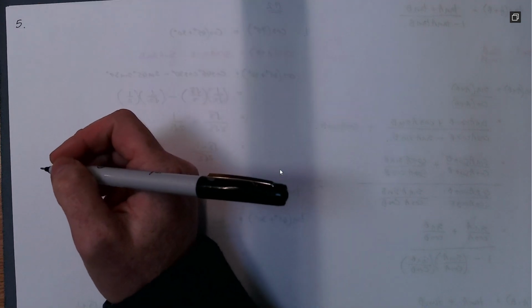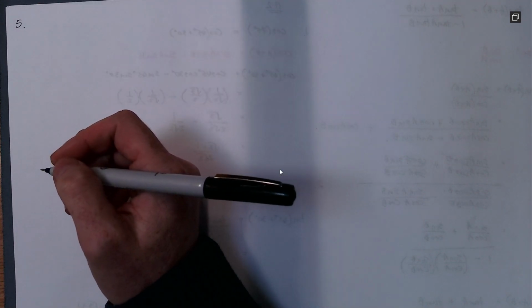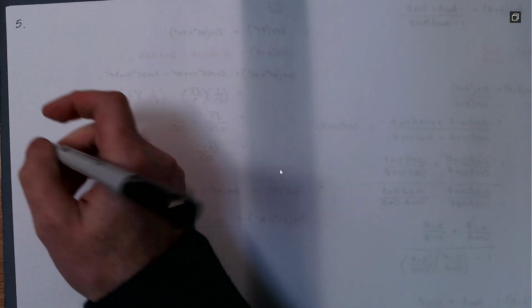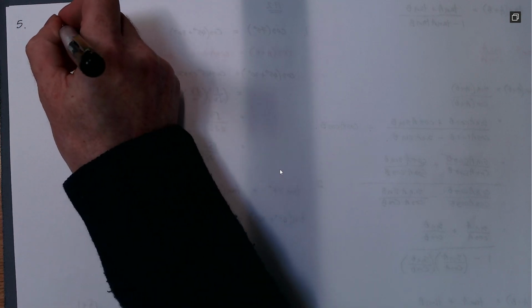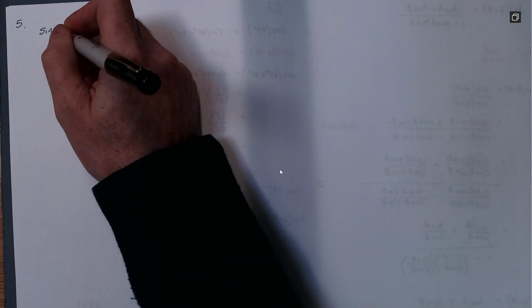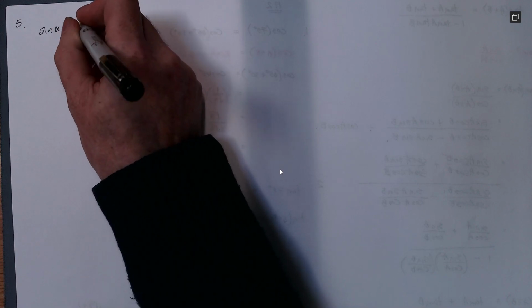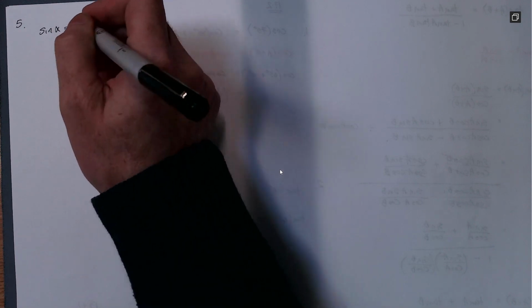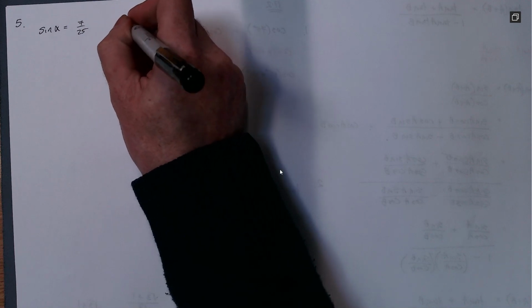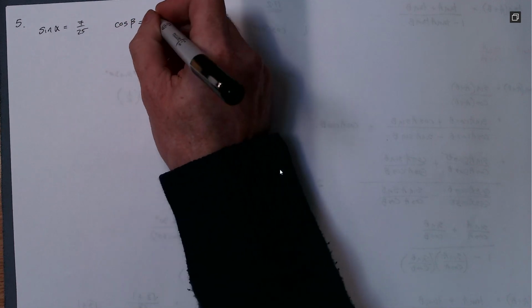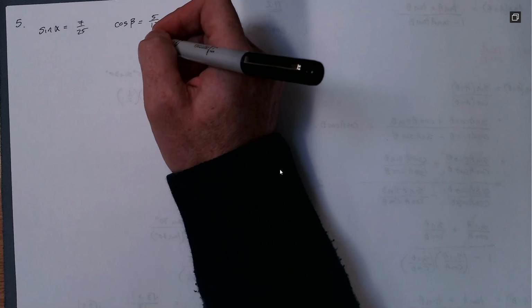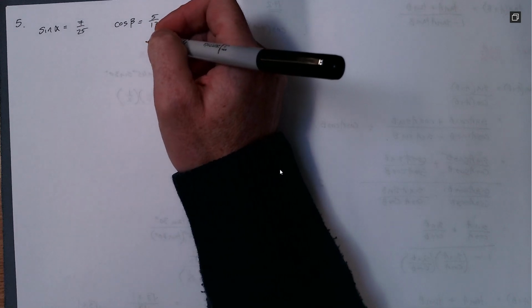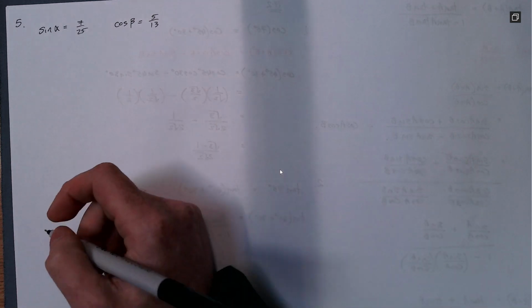Now, given that alpha and beta are acute angles, with sine alpha equal to 7 over 25 and cos beta equal to 3 over 5. Without using a calculator, we are required to find sine of A plus B. Now, sine of alpha plus beta.